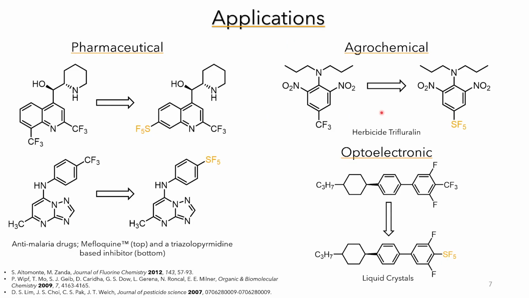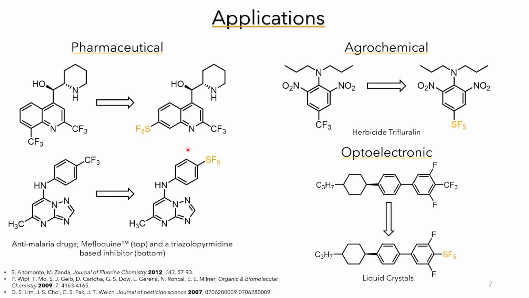So it's had great success in pharmaceutical applications, where you see here these anti-malaria drugs at the top. This is called mefloquine. And replacement of CF3 groups with SF5 has allowed this drug to not only maintain its selectivity against the malaria parasite, but also increase its in vivo activity and effectiveness.